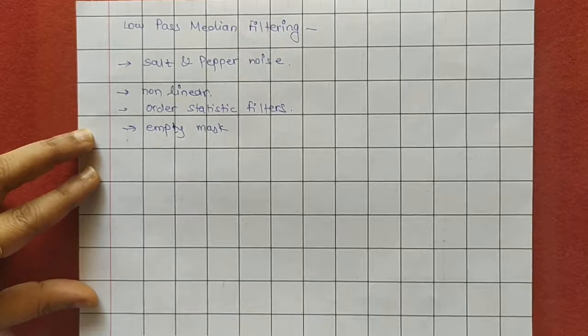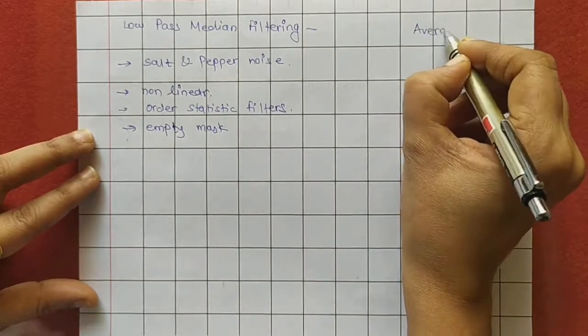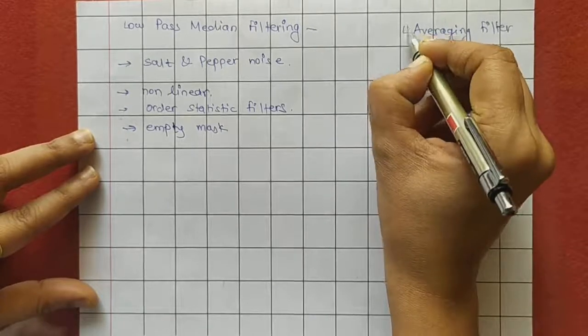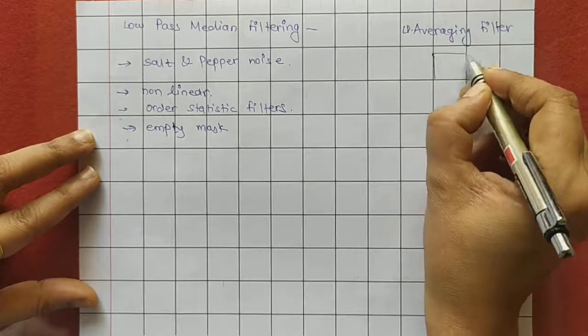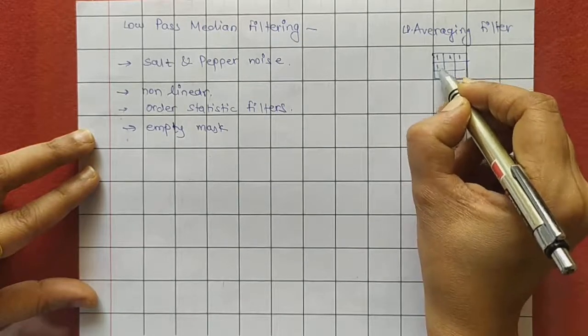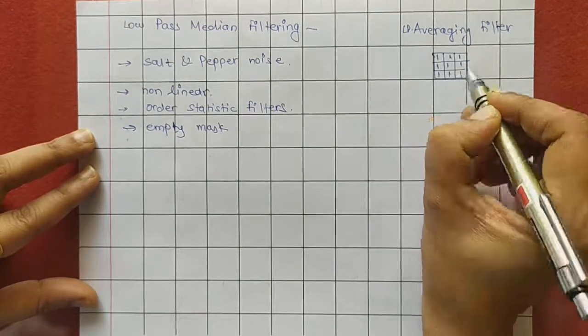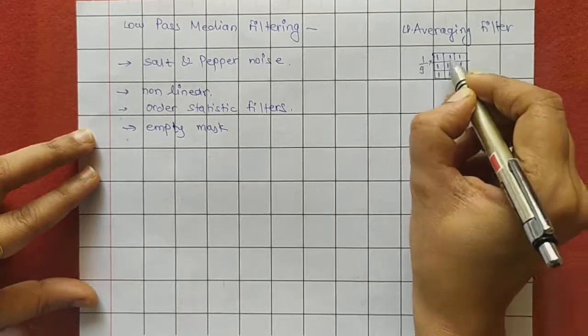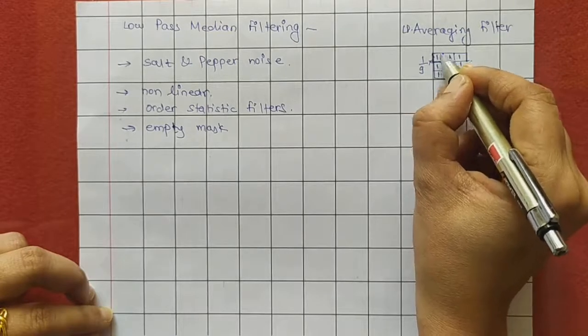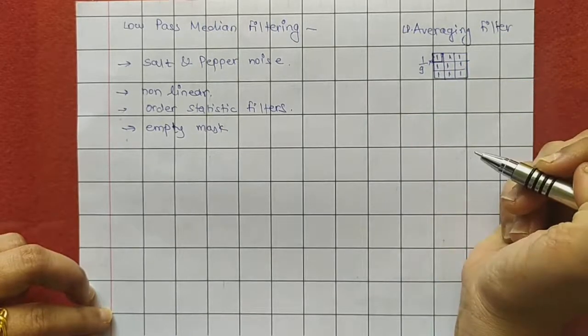not like our averaging filter. In the low pass averaging filter, we have a 3x3 mask like this, where each coefficient of the mask has the value 1/9.